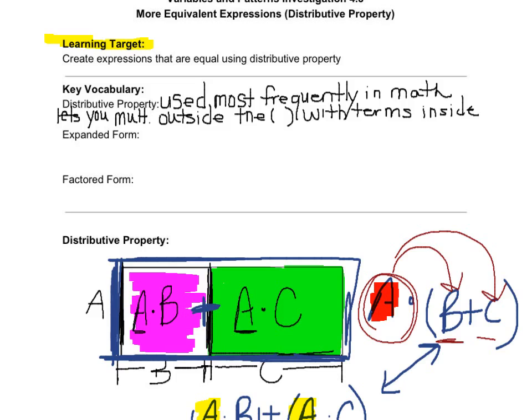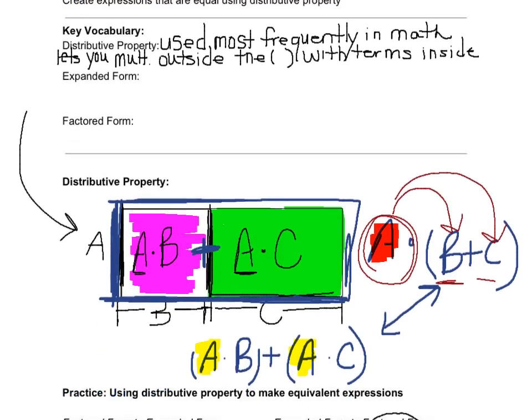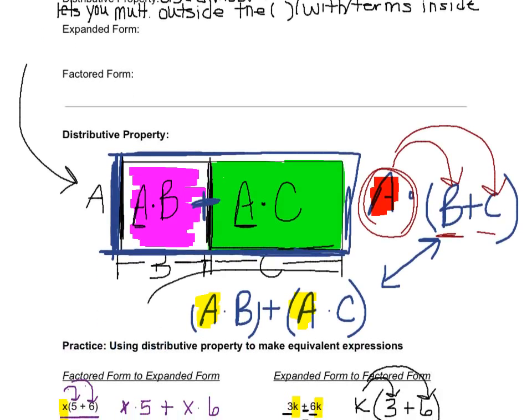So what I'm going to do is use all variables, very similar to down here where I showed you first. So I'm going to use A, B, and C just like in the picture. So expanded form is going to look like this, so you can see where that came from.